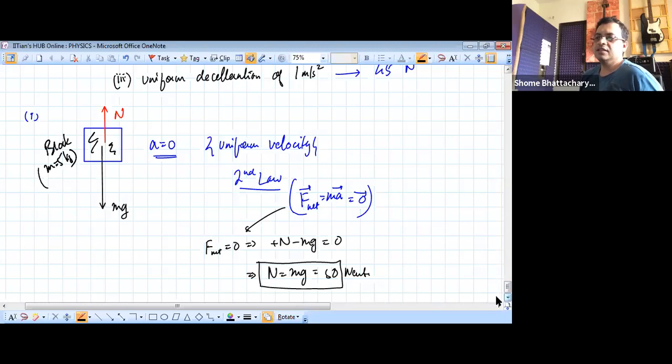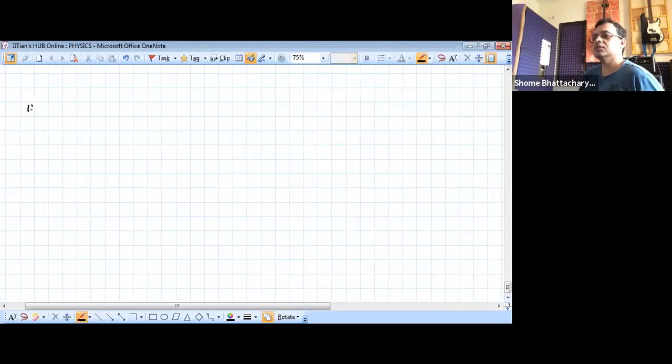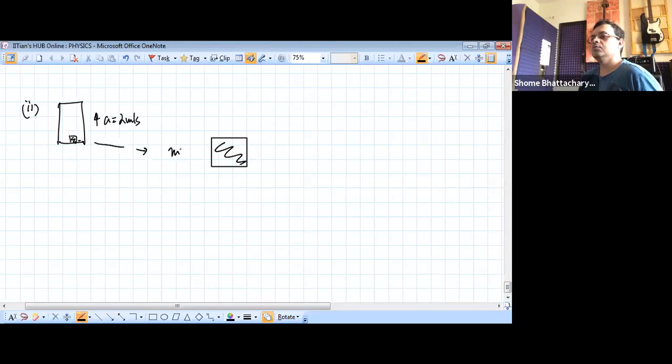Okay. Now the second case, if you look at it, what is happening is this box which is inside the elevator is going up with an acceleration of 2 meters per second square. So when I look at the block individually and consider the forces acting on it, its mass is 5 kilograms, but it's having an upward acceleration of 2 meters per second square.